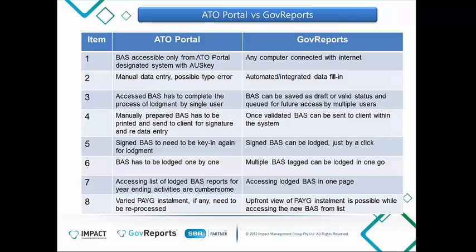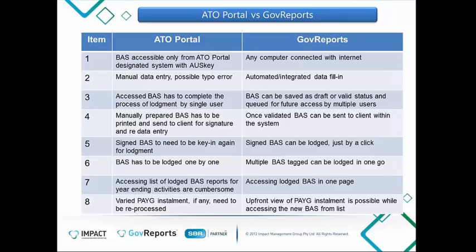With GovReports, you can draft it, finalize it, and then send it off to your clients. Once your clients authorize it, you can simply click lodge, and it will go straight through without you having to revisit or make any changes to the reports. That's saving you the time of data entry.